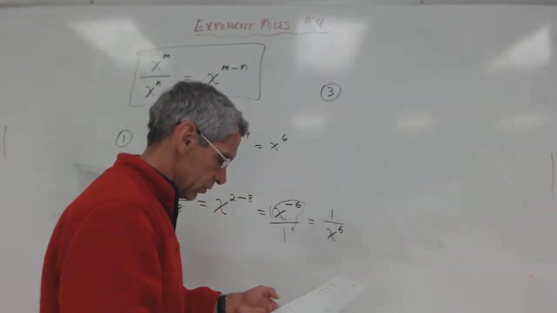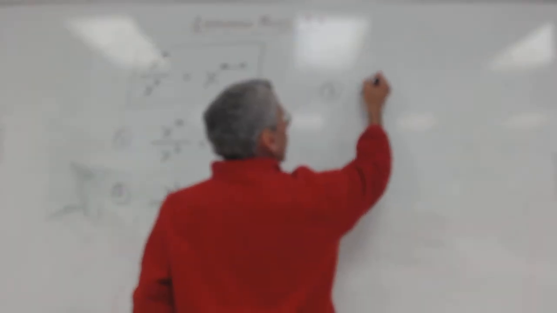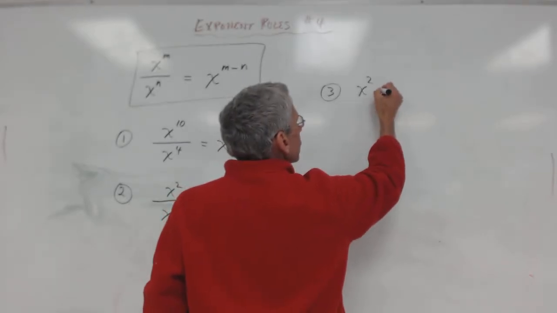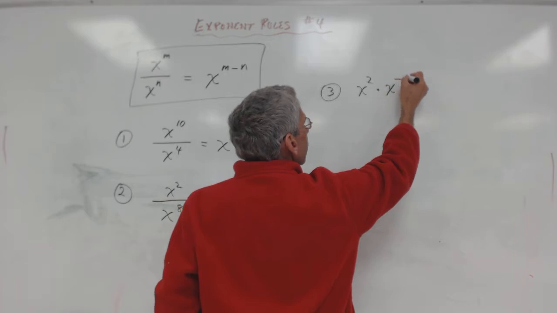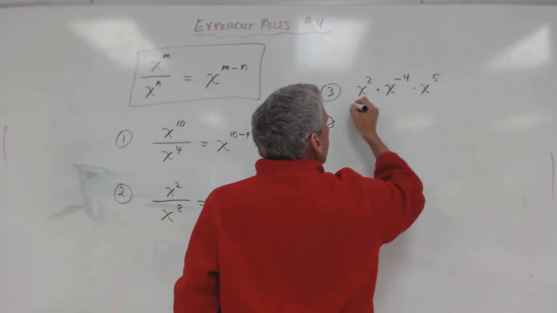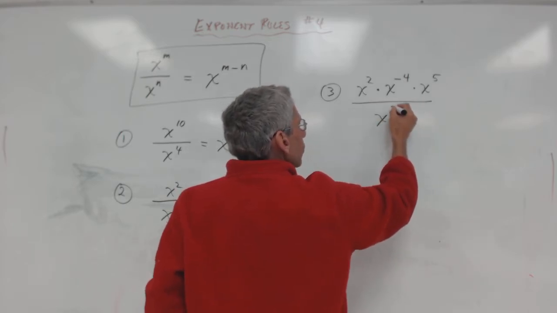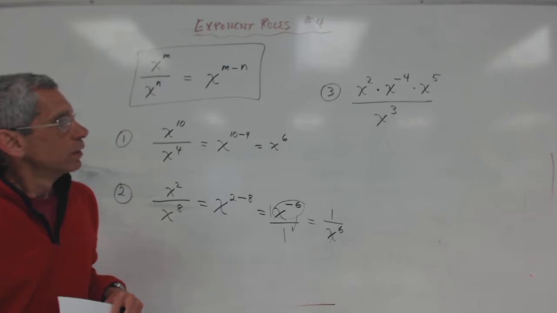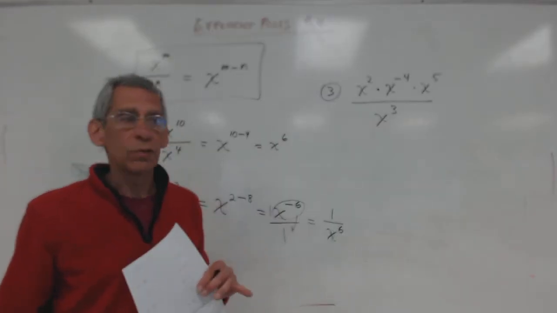What if I gave you something like this? x squared times x to the negative 4 times x to the 5, all over x to the 3rd. This is a combination of two rules.